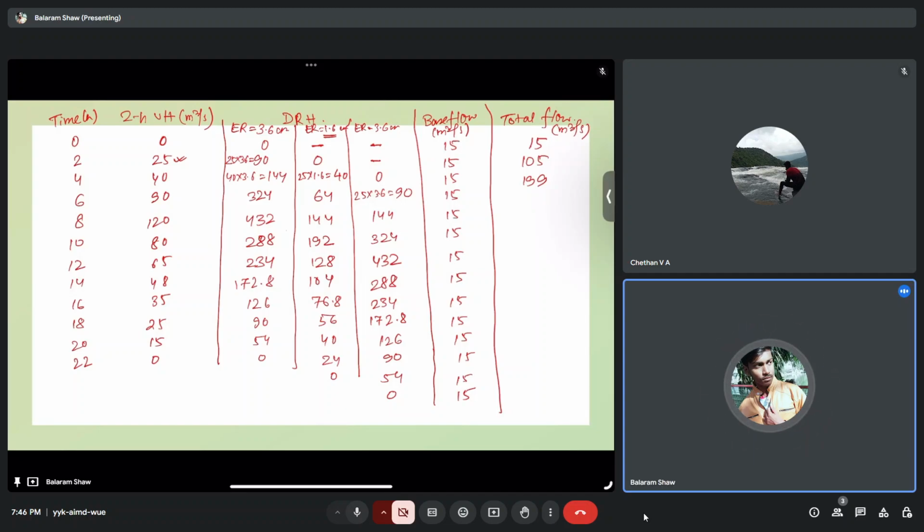If I give the column numbers, this is 1, this is 2, this is 3, this is 4, this is 5, this is 6. So column 7 will be 3 plus 4 plus 5 plus 6.